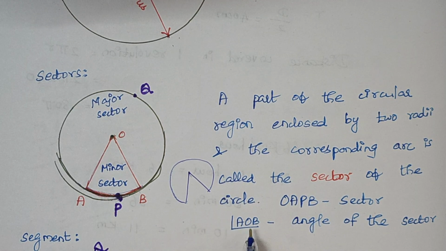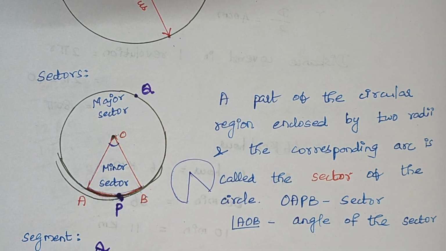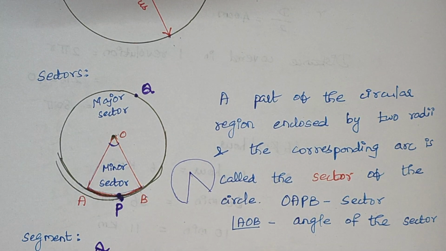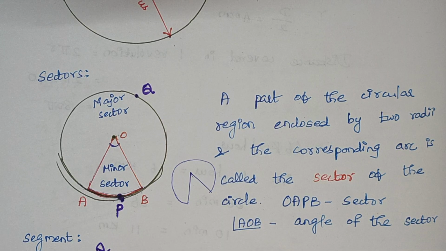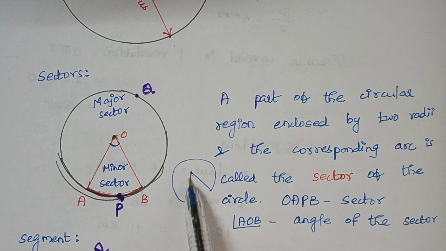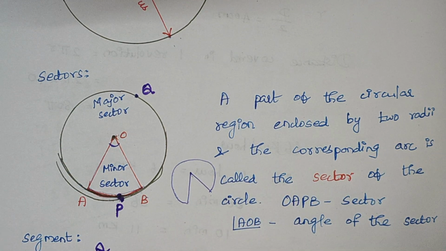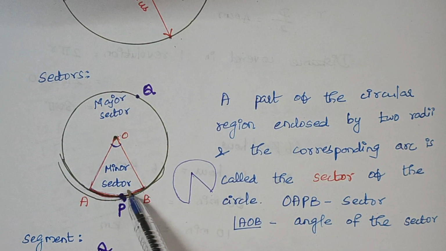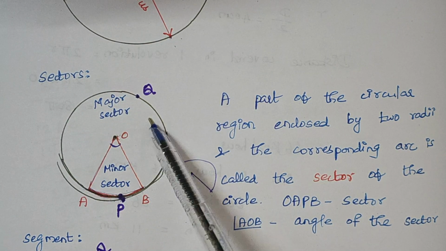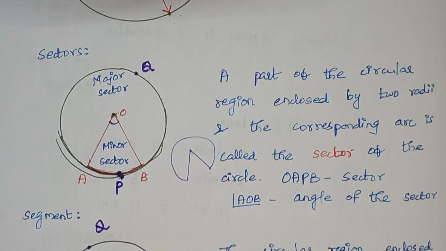So here this angle AOB is known as the angle of the sector, right? So now I believe you are familiar with sectors, right? It has 2 radii and it encloses a surface. That's it, right? Since this is smaller in size, this is known as minor sector and this part is known as major sector. Now the next topic is segment.